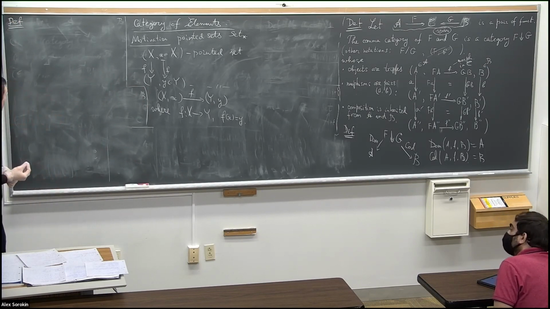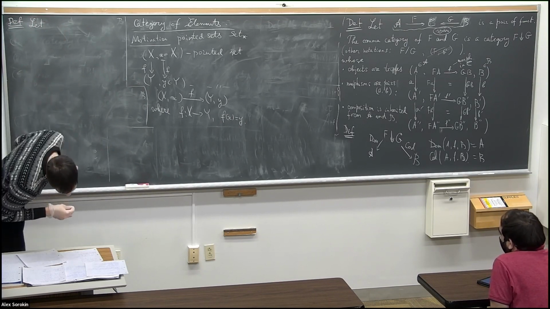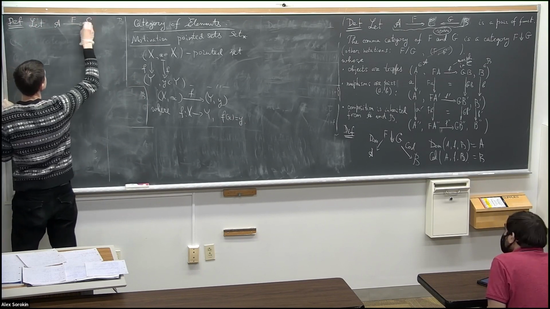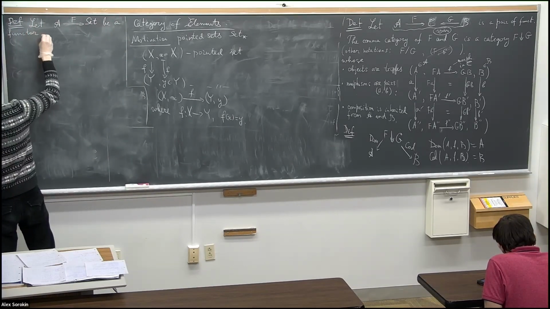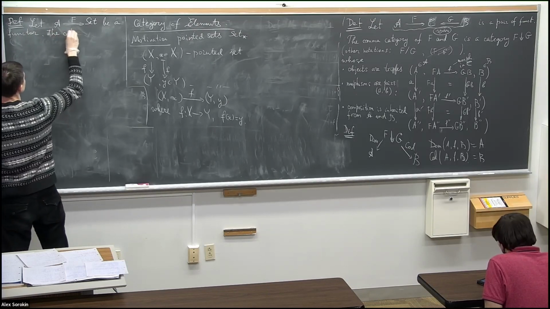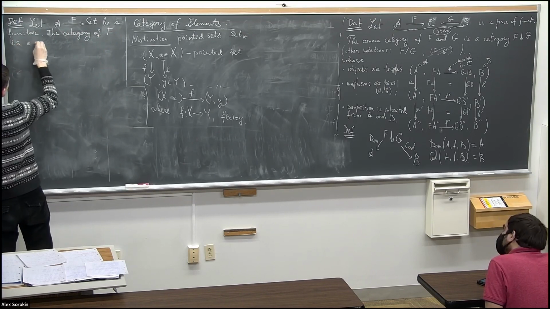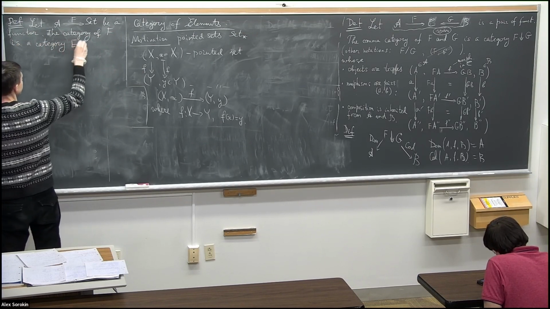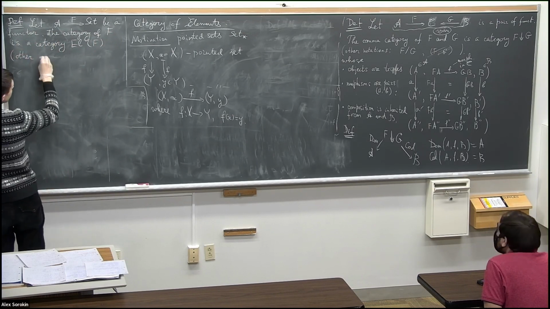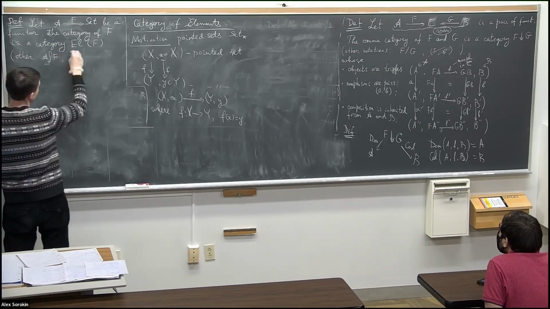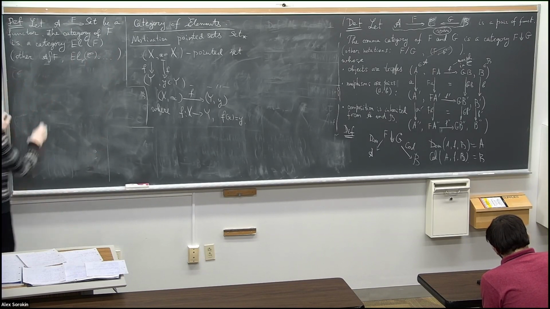Here's a functor F. The category of elements of F is a category, written integral of F. Depending on the course, it can also be just integral of F.